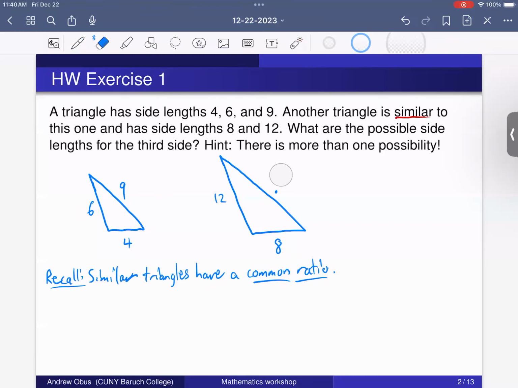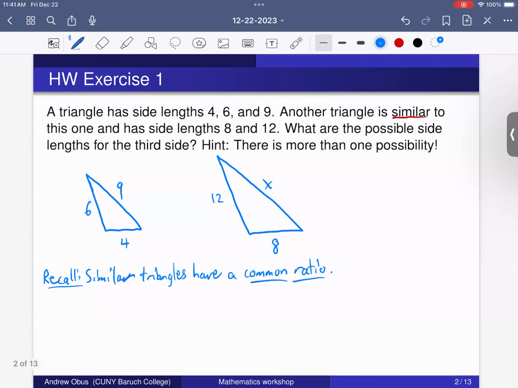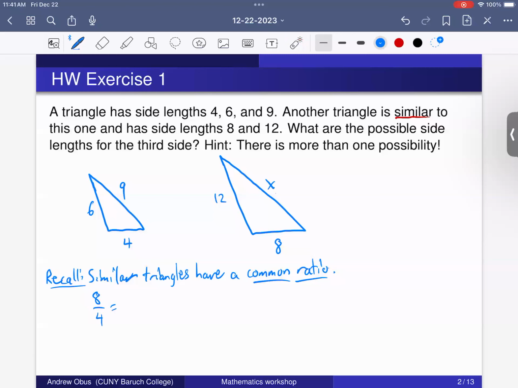Since we're all adults here, we won't call it question mark, we'll call it X. So 8 over 4 is equal to 12 over 6 is equal to X over 9. What does that tell us when we solve for X? What do we get? We'll get 18. So X equals 18.